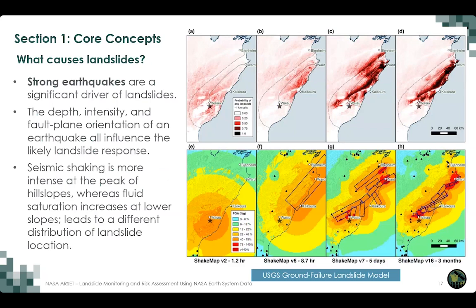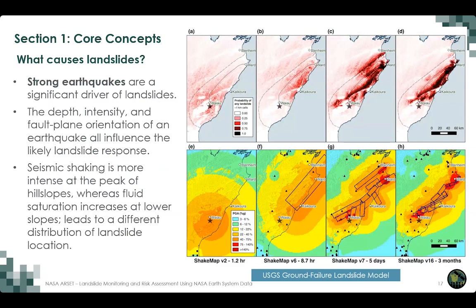An important note here is that when we think about rainfall, as we mentioned in the last slide, the amount of water that infiltrates and saturates a hill slope tends, because of gravity, to increase towards the bottom of a hill slope. That means you typically have greater saturation lower down in hill slopes. However, seismic activity tends to increase the amount of shaking as you go higher up in a hill slope, because the seismic waves get amplified the further you are up a slope, and the overall hill shape amplifies those waves.